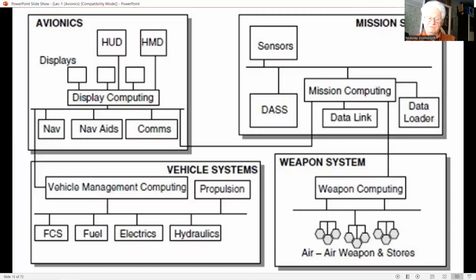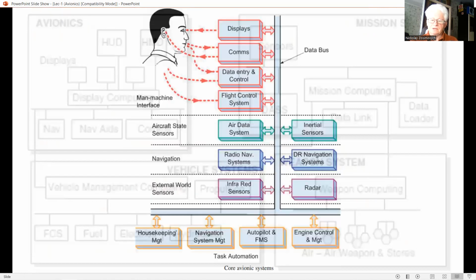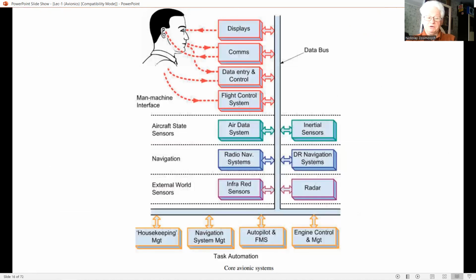Military avionics systems are also being driven by the continuing increase in the threats posed by the defensive and offensive capabilities of potential aggressors.